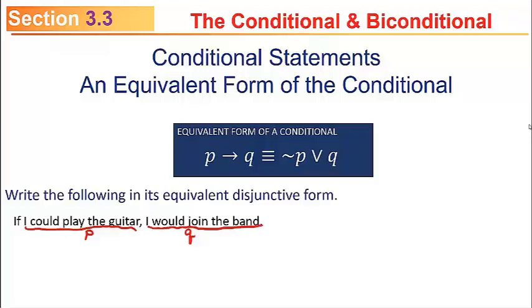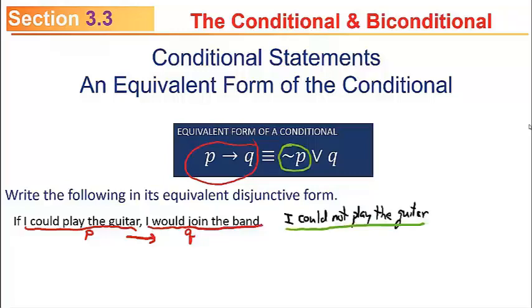The I could play the guitar is like the P. The I would join the band is like the Q. So I'm taking that statement, which is modeled on the left-hand side of that formula, and changing it to the right-hand side. So right now, I've got the left-hand side of the equation done. I want to change it to the right-hand side of the equation. So I form not P. Well, if P is I could play the guitar, then not P is I could not play the guitar.